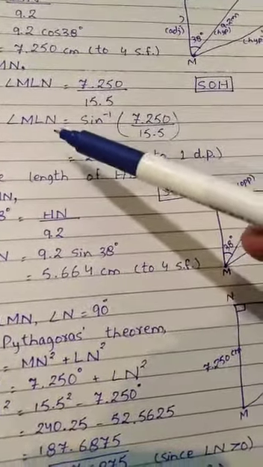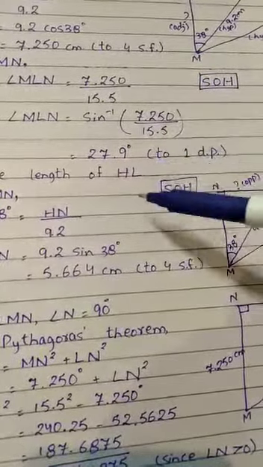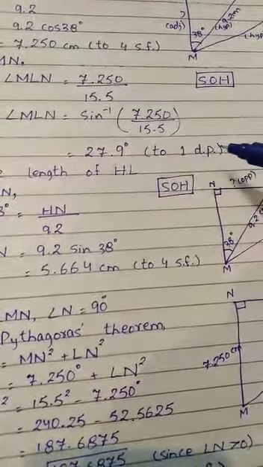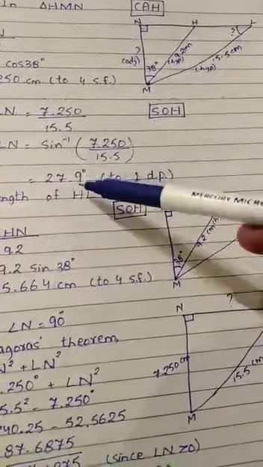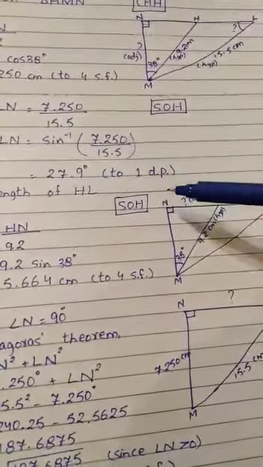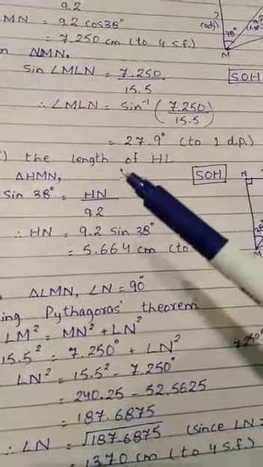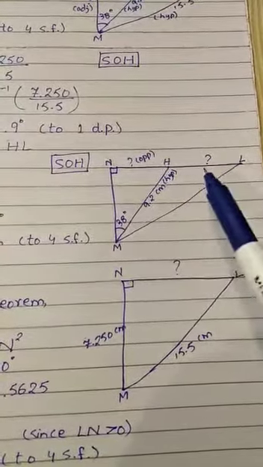Then the equation becomes sine of angle MLN is equal to 7.250 divided by 15.5, and then angle MLN is equal to sine inverse of that, which is 27.9 degrees to 1 decimal place. So the angle at L is 27.9 degrees. So this is part 1.